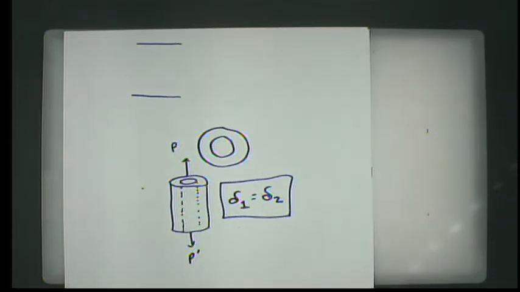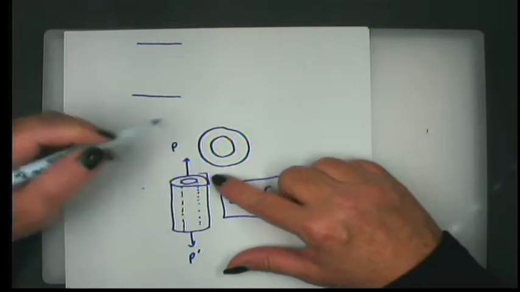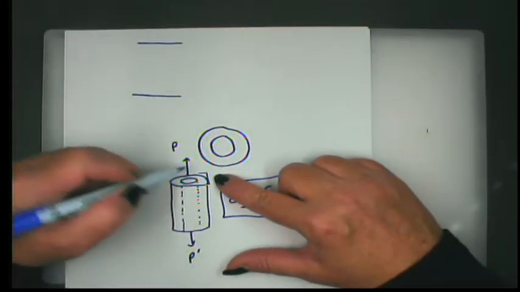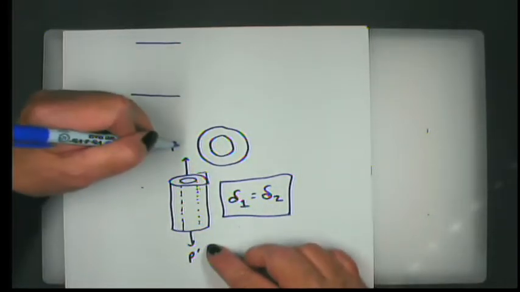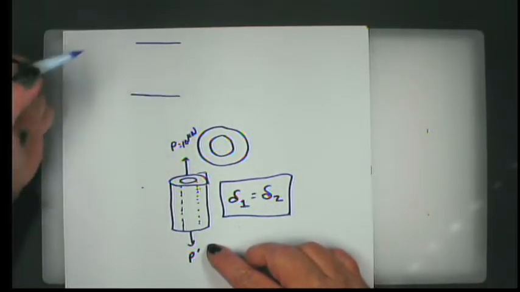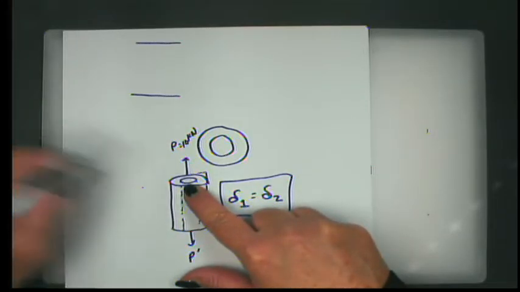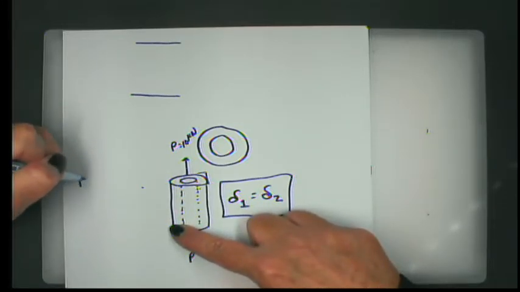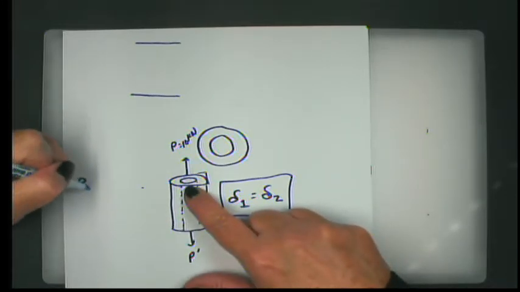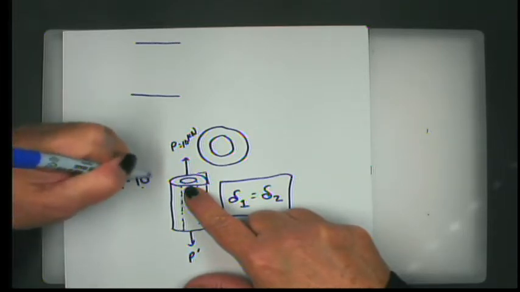Now, the other thing that we have to think about is what P is. They always talk about a rigid end cap, which is just code for saying we're going to distribute that load across the entire thing. If we pulled on that with 10 kilonewtons, for example, part of that is taken up by the steel, part of it is taken up by the aluminum. So we don't know what those two parts are, but we can say that the P in the aluminum plus the P in the steel is equal to 10 kilonewtons.